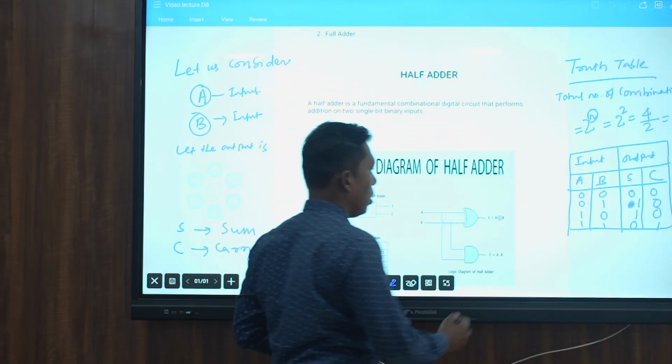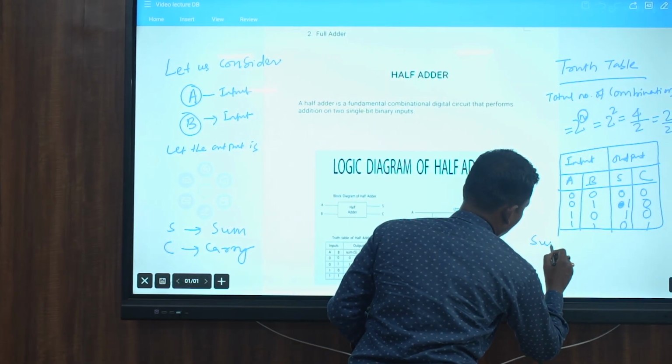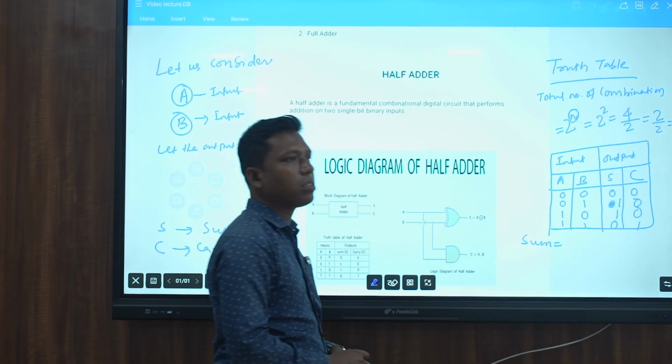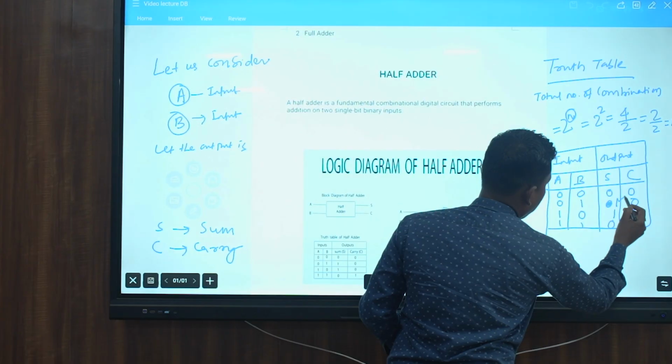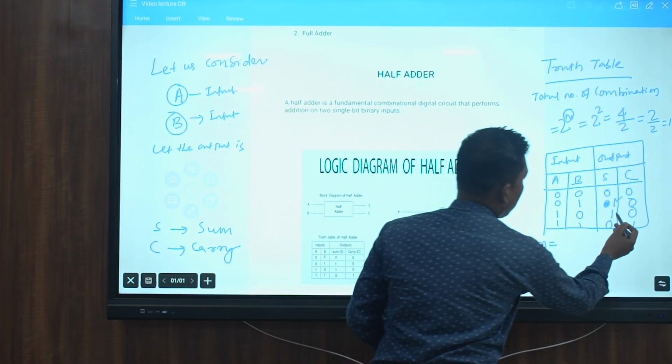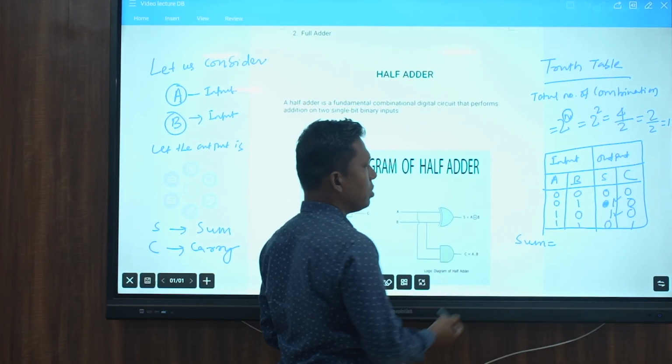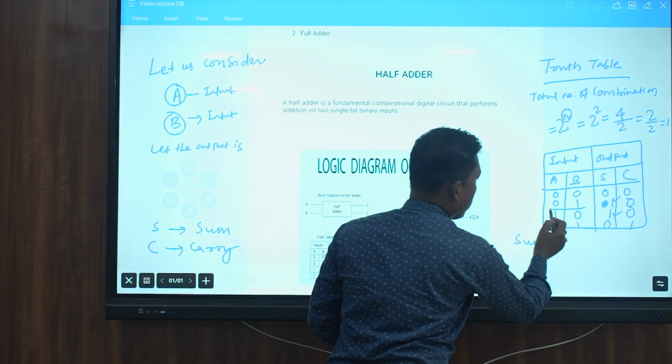From the truth table, let us extract the sum expression. Sum means where the sum is 1. Here is one condition where sum is 1, and here is another condition where sum is 1. For this condition, what are the inputs?